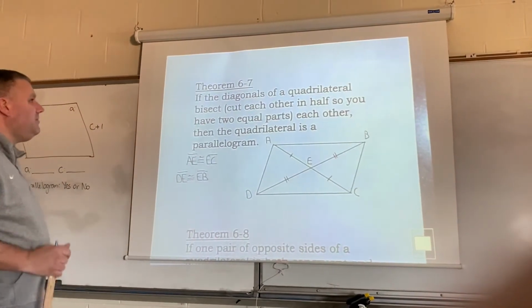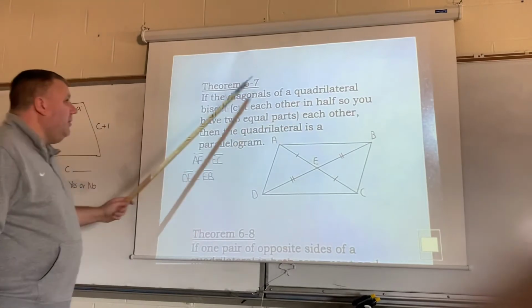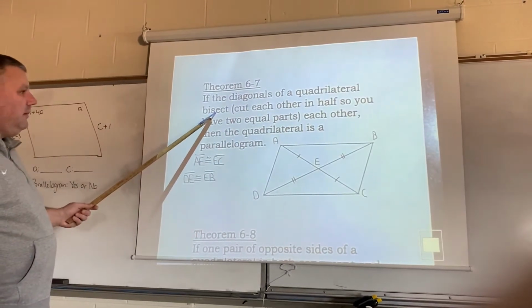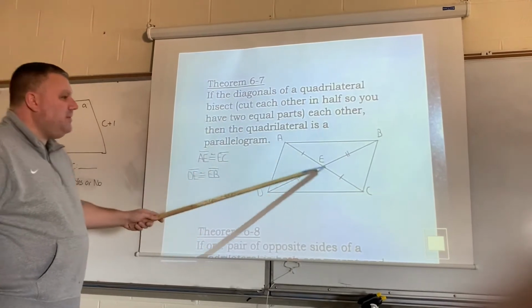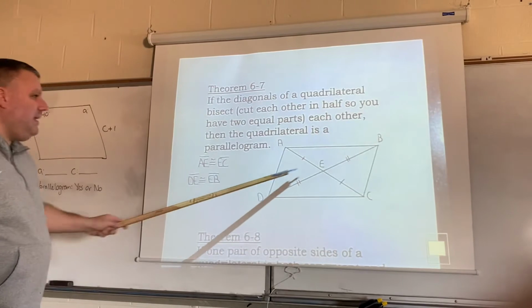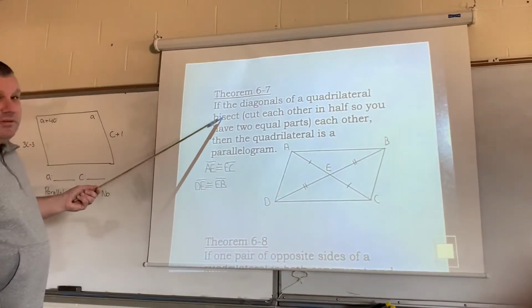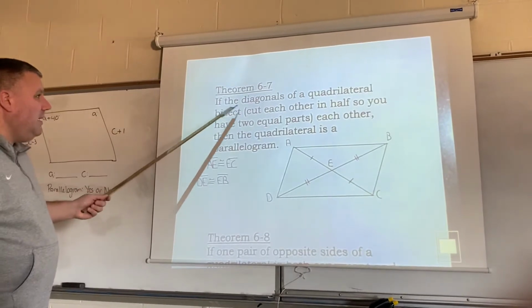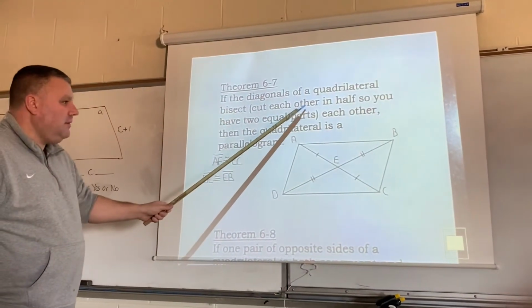So let's look at theorem 6.7. It says if the diagonals of a quadrilateral bisect, first off, this is a diagonal from opposite corners. This is the diagonal. So AC and BD are considered diagonals. If they bisect, the term we're going to use here for bisect is they cut each other in half so that you have 2 equal parts.